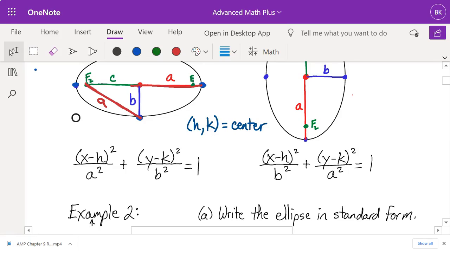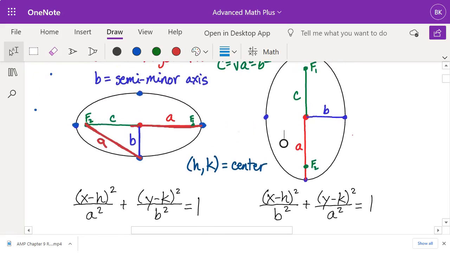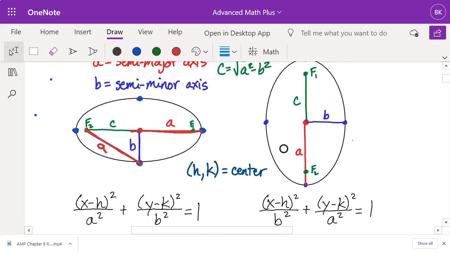Makes sense, right? X is horizontal. When A is under your Y, your graph's going to be more what? More vertical. Easy enough? So in other words, you put A squared under whichever way it's going. You put the B squared under the other one.